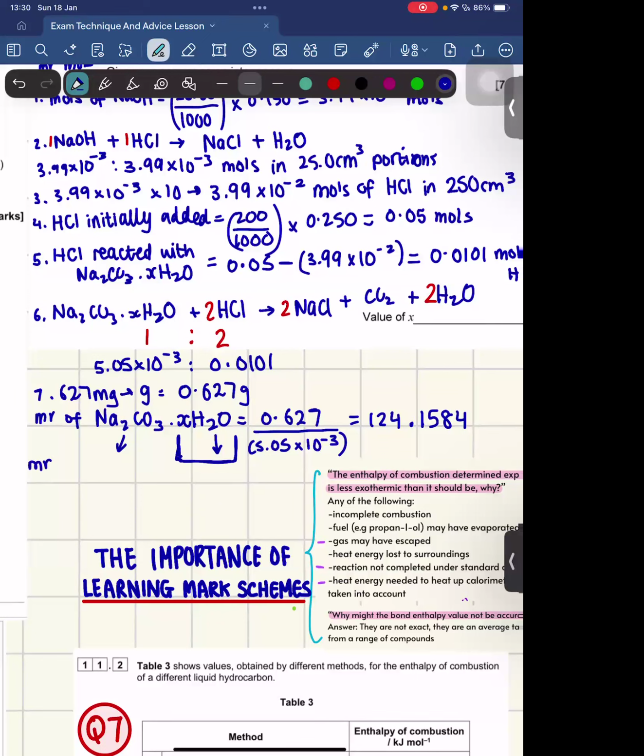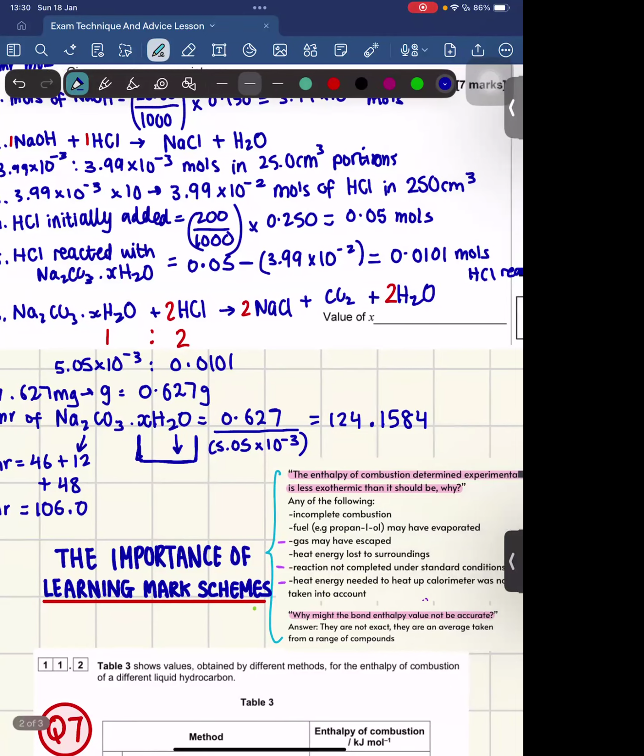So MR of Na2CO3. Na is 23, so that's 46 plus 12 plus 48. I have these elements learned like the back of my hand because it's just ingrained in my brain. 46 plus 12 plus 48 is 106. That is my MR of the Na2CO3.